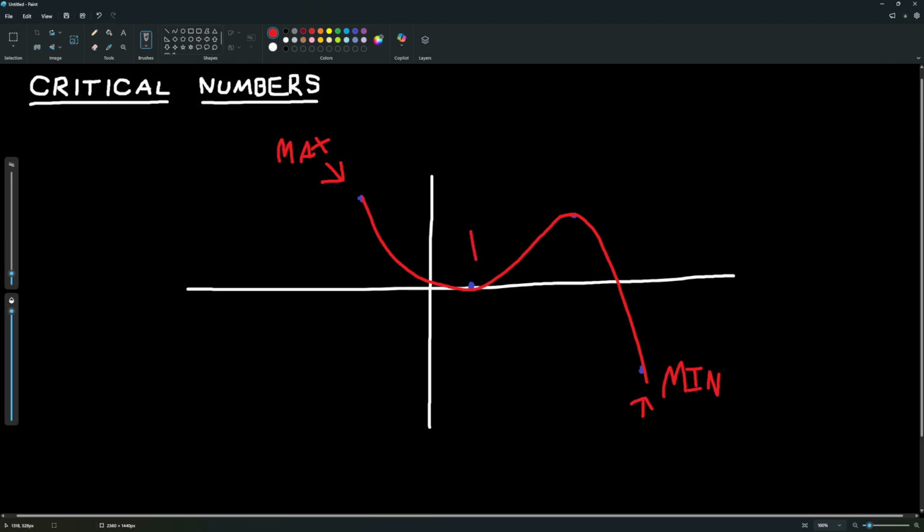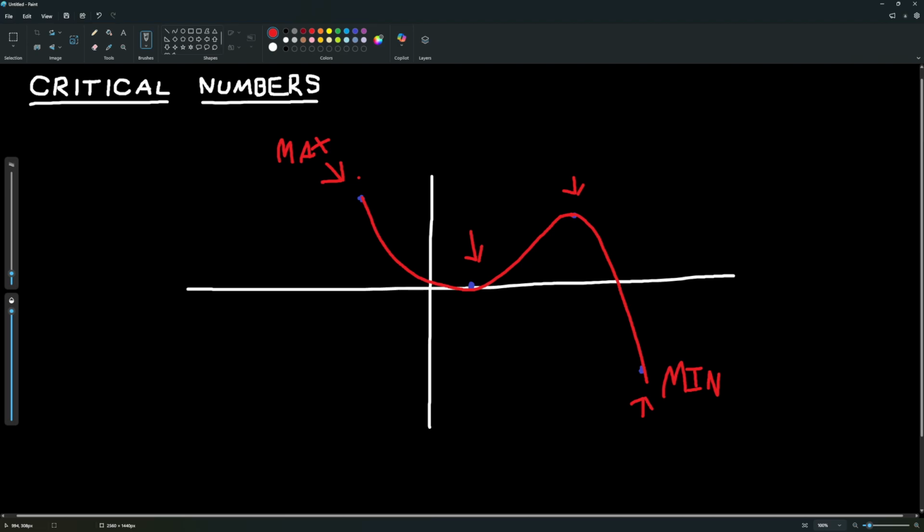Now, we also have these points right here. These are also maximums and minimums. However, they are called relative maximums and minimums. And this is where you have to differentiate between absolute maximums and minimums and relative maximums and minimums. To put it simply, an absolute max or minimum is, well, just that.